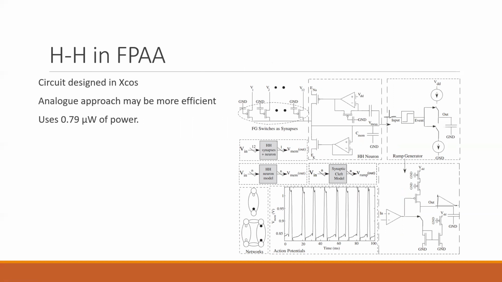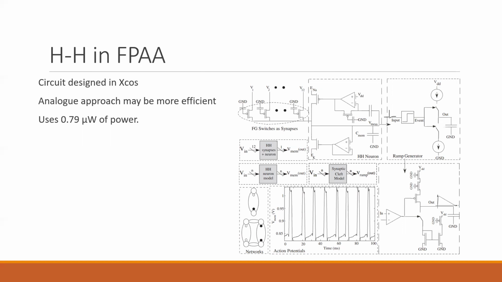First, we're going to talk about FPAAs briefly, because compared to digital circuits, analog circuits can perform complex nonlinear operations with significantly fewer transistors, while digital circuits require hundreds or even thousands of transistors to perform these same operations.